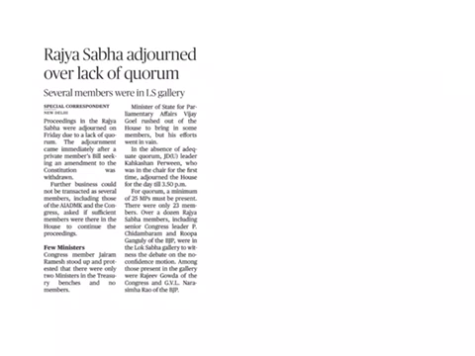The next article is Rajya Sabha adjourned over lack of quorum. Here we have to discuss what is quorum. This is the minimum attendance of the members required for proceeding in any house. That is, if the proceedings have to be started in either Lok Sabha or Rajya Sabha, there should be a certain number of members.